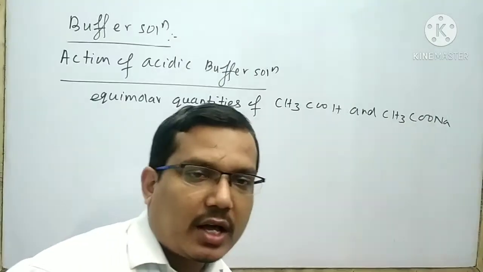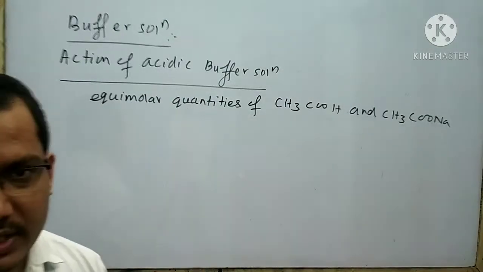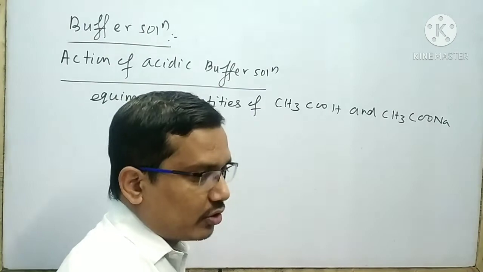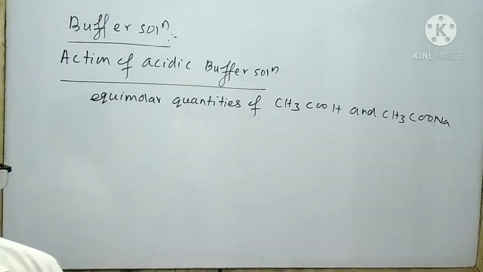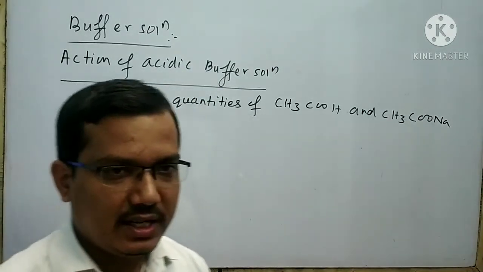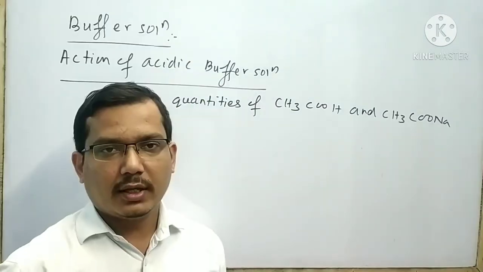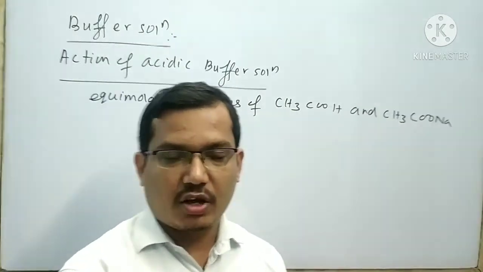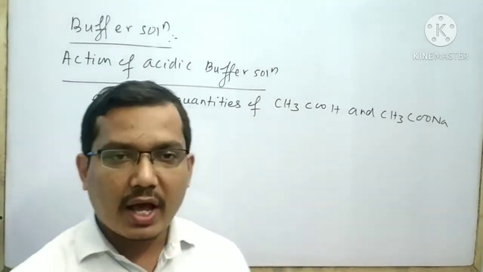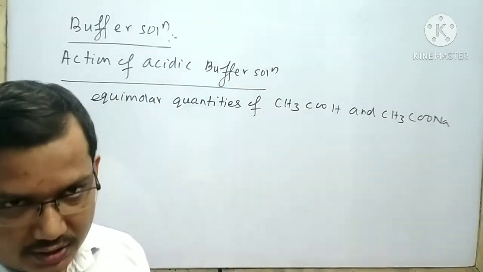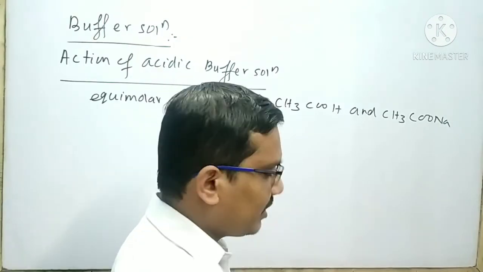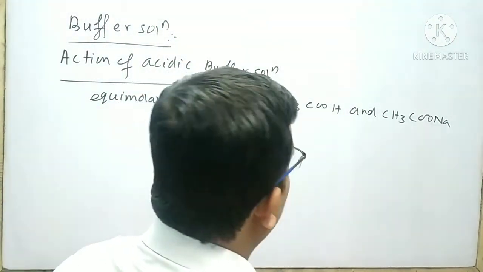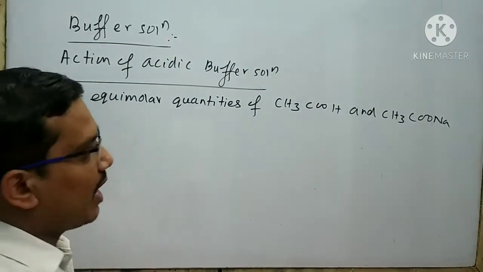Always the strong acid, strong base and strong salt undergo complete dissociation and give completely ions. In case of strong acid or base or salt, the unionized part is 0. That means completely it undergoes dissociation and gives ions.